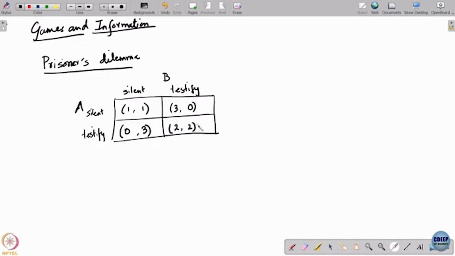Now, that is applicable in this game, and that is applicable because of the way these numbers are. Okay, you can imagine another type of situation in which these numbers aren't so aligned such that testify will always turn out to be better than staying silent, regardless of what the other person does. Okay, that could very well happen. I can come up with numbers like that, right?